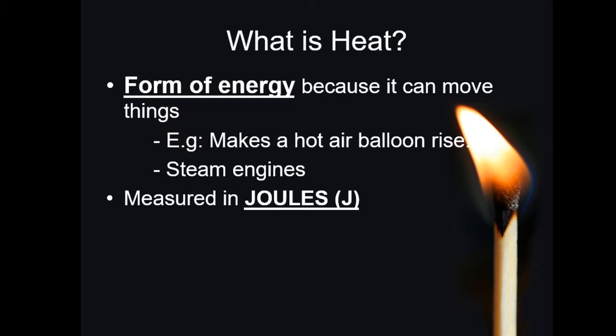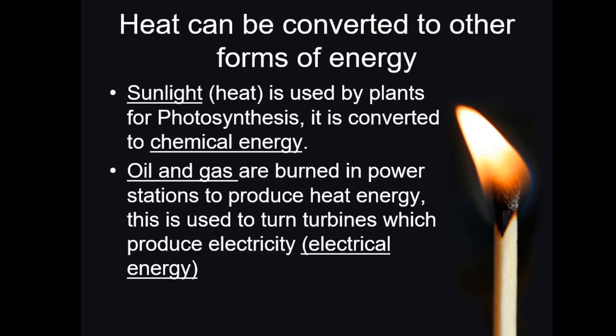Now, heat is also measured in joules, capital J if you're going to use it in formulas. Heat can be converted to other forms of energy, right? A good example of it is photosynthesis, which plants always do, right? They convert sunlight into their food.